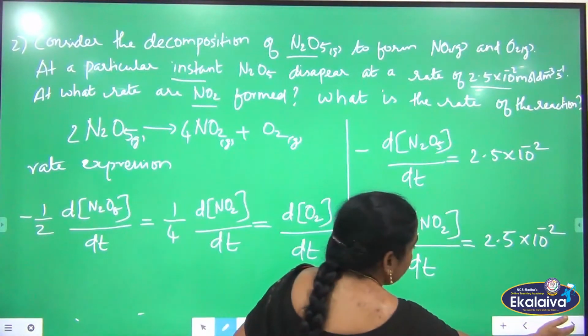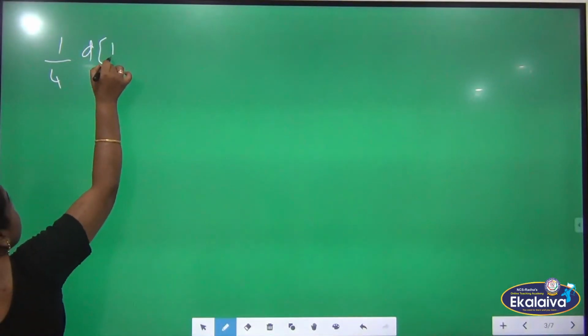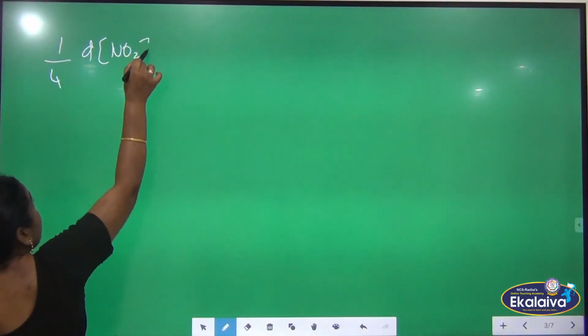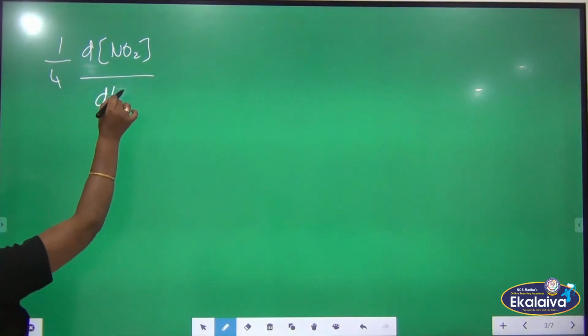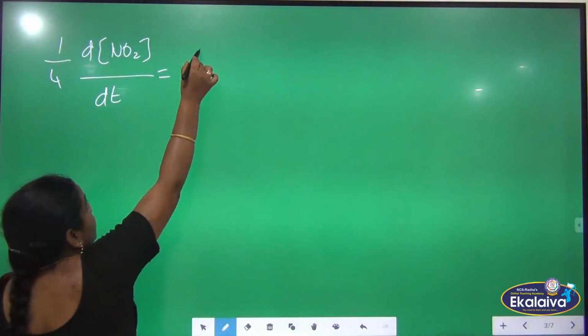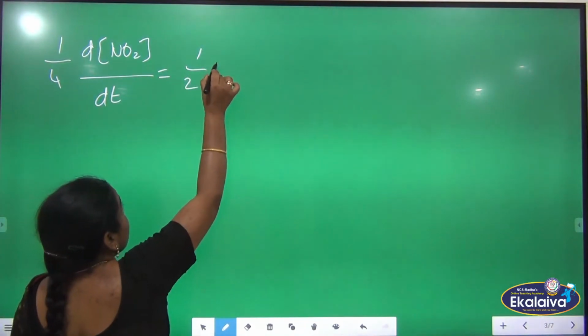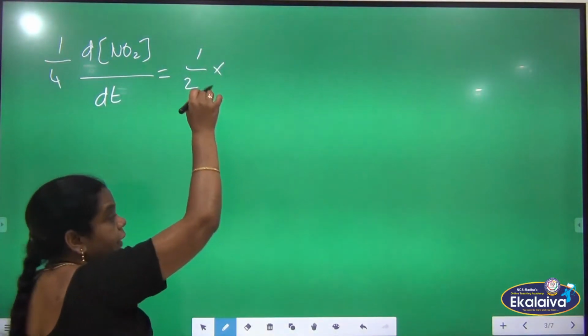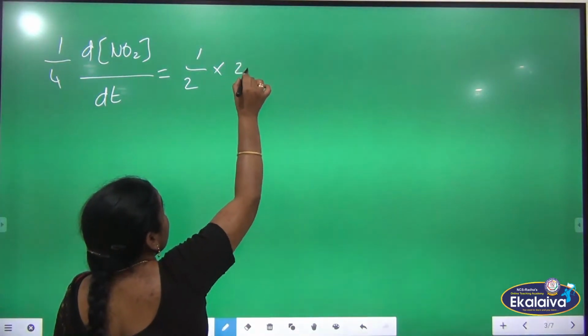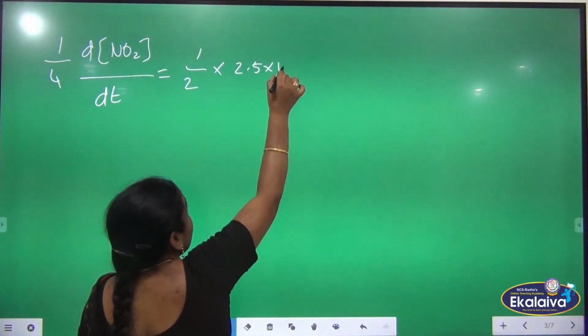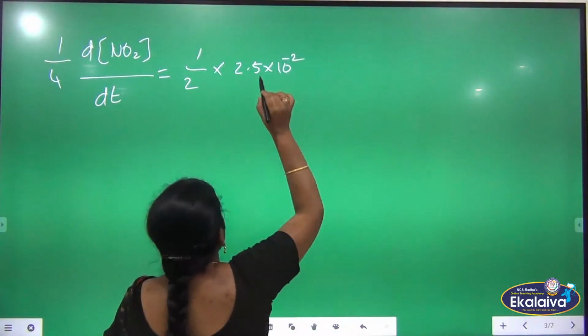Now we will substitute the value for 1 by 4 change in concentration of NO2, because we want to find the rate for NO2 at change in time, equal to 1 by 2 into the rate of the pentoxide, which is given as 2.5 into 10 to the power minus 2.